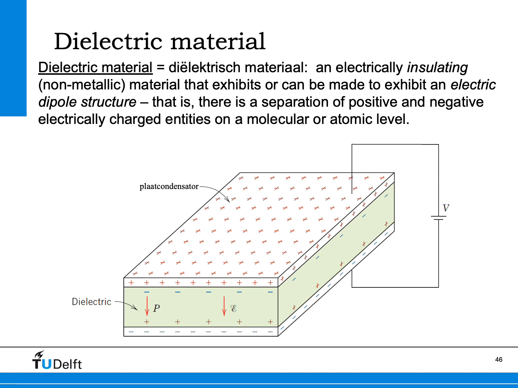So we see here two plates, and in between these plates there is a dielectric material, and you apply a voltage over these plates, and then there is an electric field that is being generated, and as a result of that there is also polarization of the electric dipole moments.